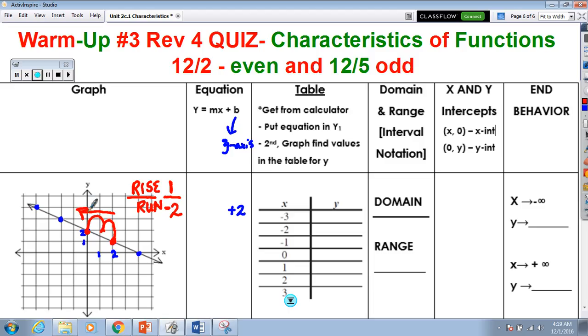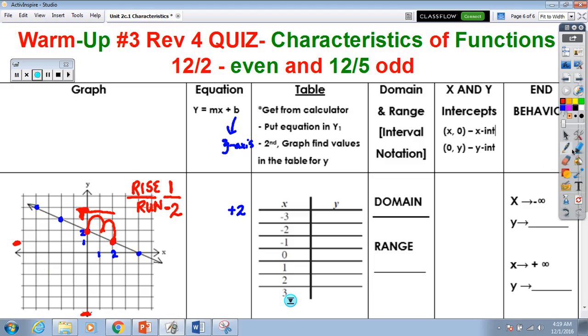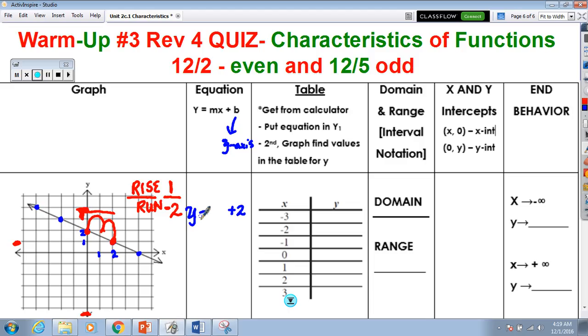Anytime you go to the left, that's where negative numbers are on my x-axis, so that makes it negative. This would be negative, and going down would be negative. Okay, so there's my slope. So now I'm ready to write the equation of the line. Y equals negative 1/2 x plus 2. That is my equation of the line.